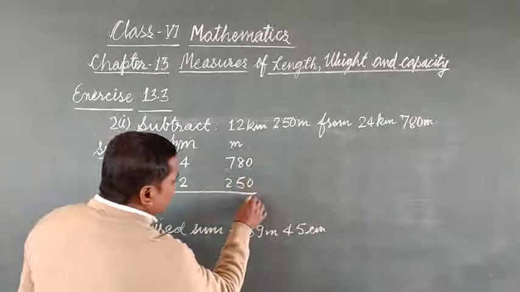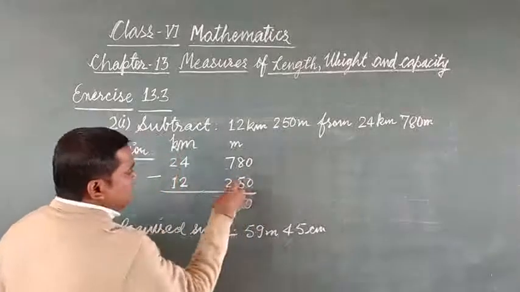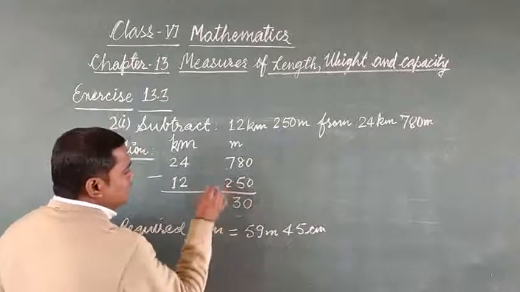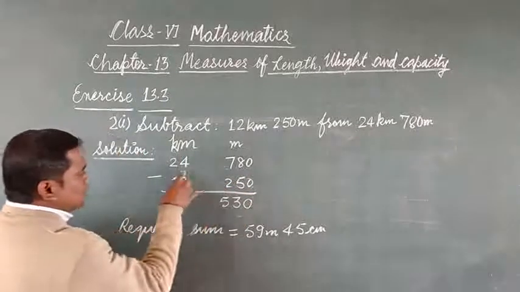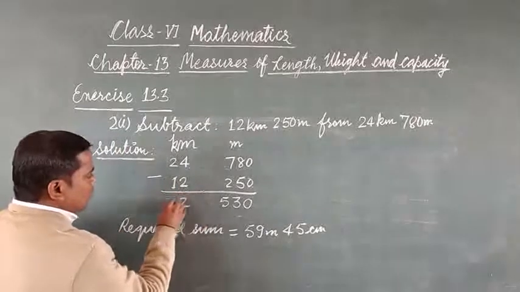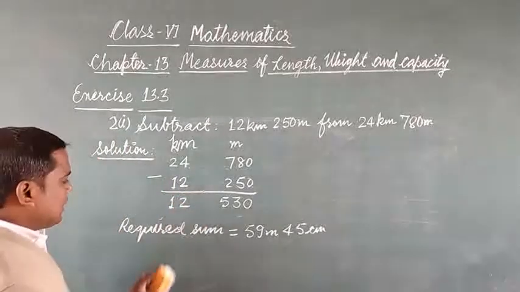0 minus 0, 0, 8 minus 5, 3, 7 minus 2, 5, 4 minus 2, 2, 1. So we will get the required difference.